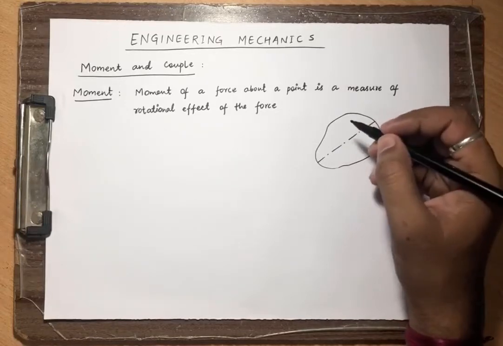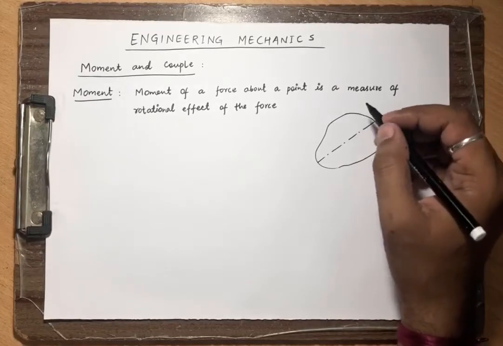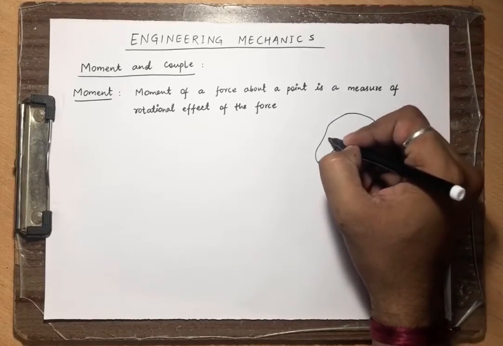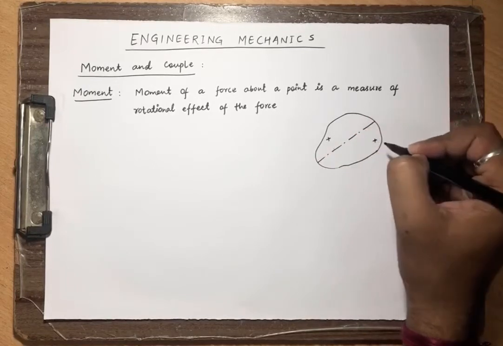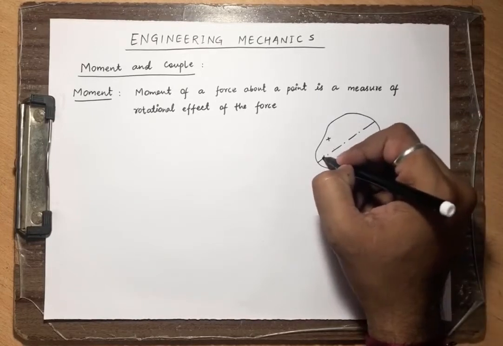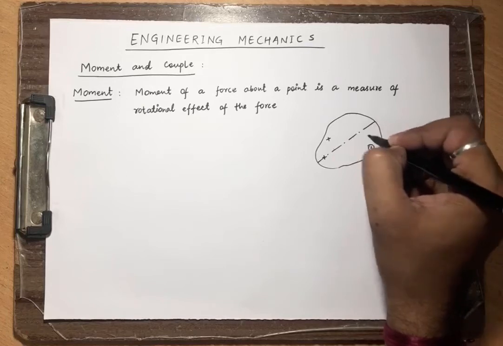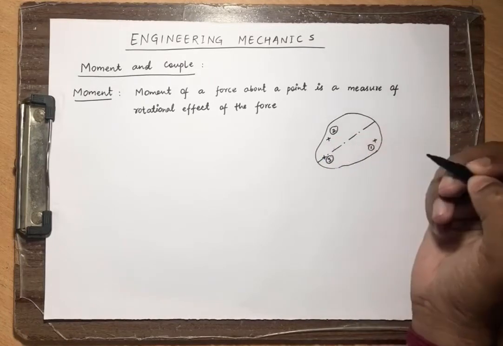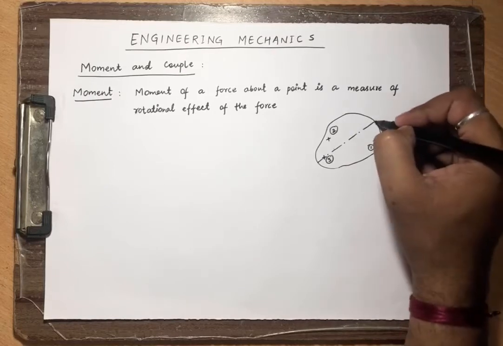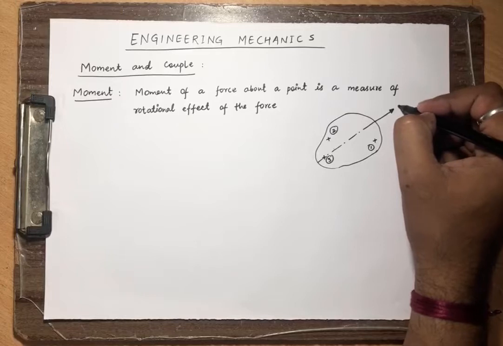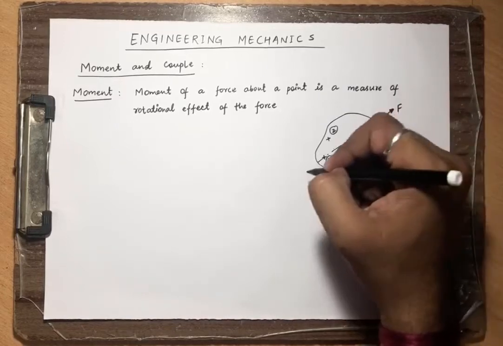This is any axis. So there can be any, let us say this is point 1, this is point 2, and this is point 3, and this force is acting along this is the line of action of force.